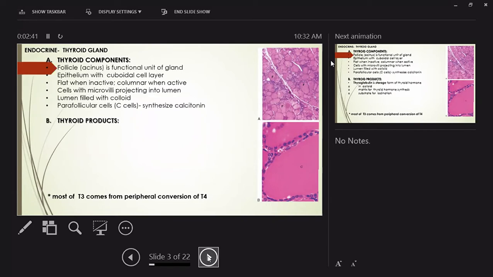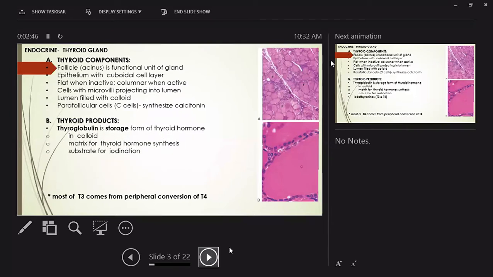The products of your thyroid is thyroglobulin. This is the storage form of the thyroid hormone. This is found in the colloidal area. This is the matrix for thyroid hormone synthesis and the substrate for iodination.